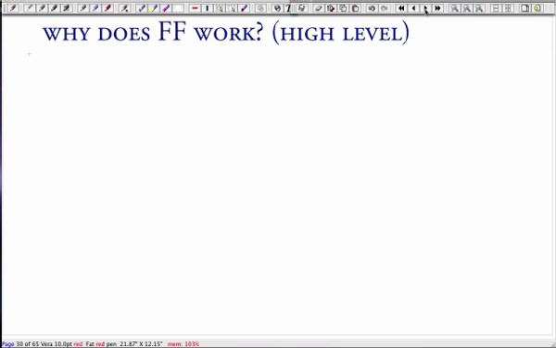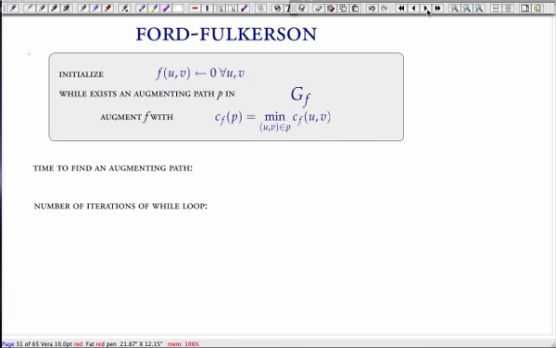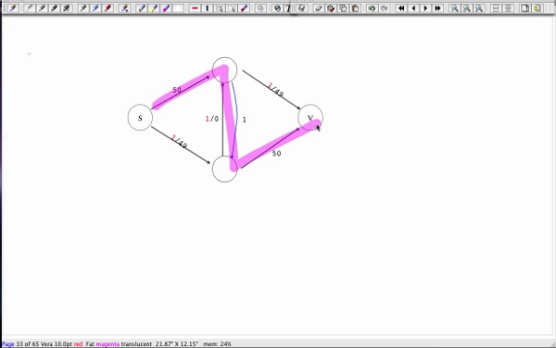Now the problem we had, which we saw in last class, was that if we select this path right here, then we're going to have pushed one unit of flow across this edge, and now we can select this path right here and push flow again from S to T.